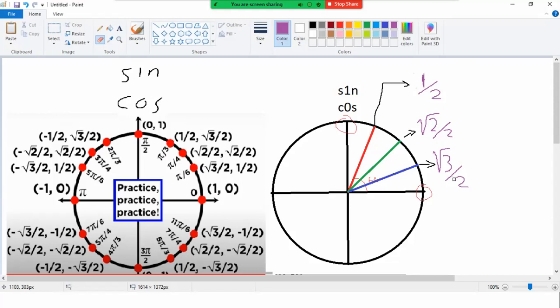So if that's 1, 2, 3, then you can go back up and say 1, 2, 3, square root, square root, square root, divided by 2, divided by 2, divided by 2. And then you can just flip the sign as needed. And that's a really good way of how to remember the unit circle.